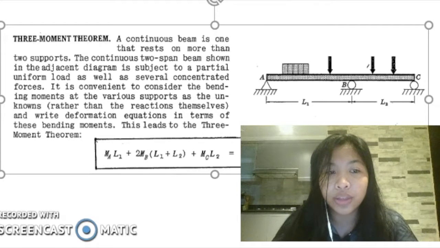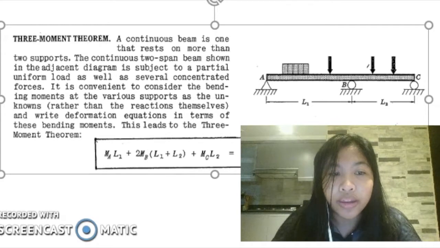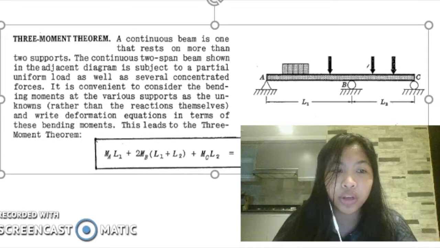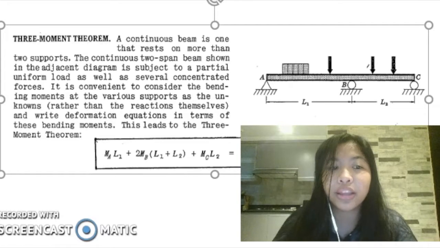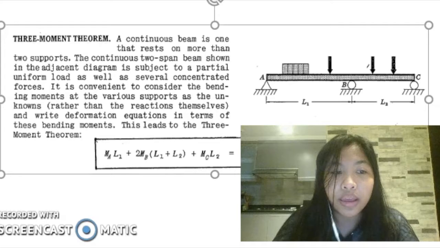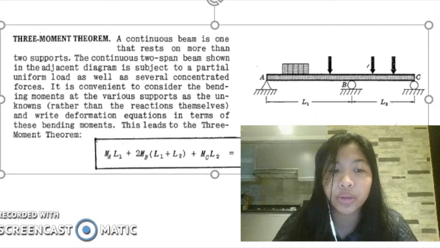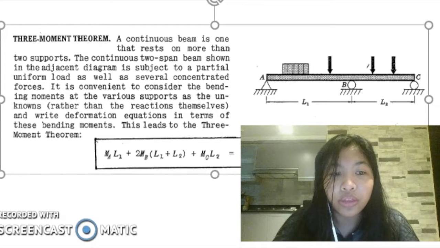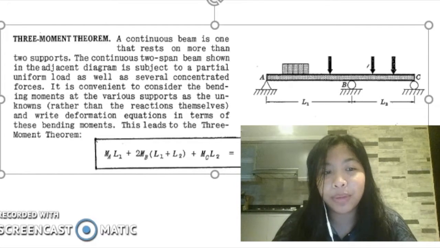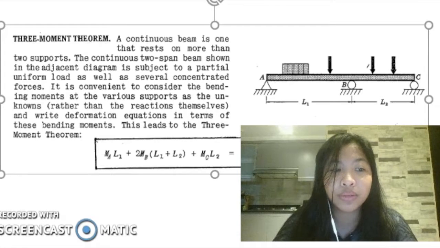L1 and L2 denote the span lengths, and A1, A2 represent the areas of the moment diagrams drawn in the temporary assumption that each of the spans of the beam is simply supported. And a1, b2 designate the distances of the centroids of each of these moment diagrams from A and C respectively. The theorem in this form is applicable to all continuous beams having all supports at the same level.